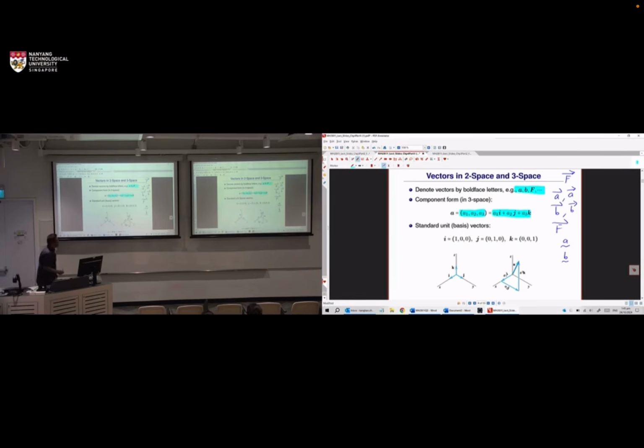It means the same thing, because this is the i component, this is the j component, and this is the k component. Standard unit basis vectors: i is defined as (1, 0, 0), j as (0, 1, 0), and k as (0, 0, 1).